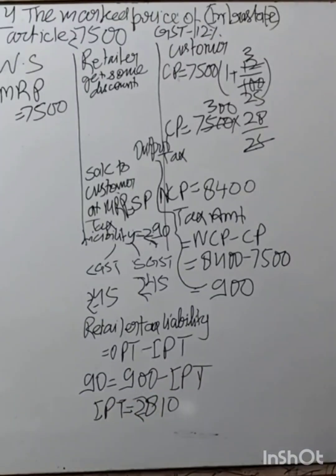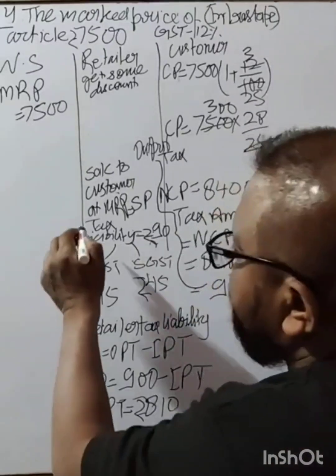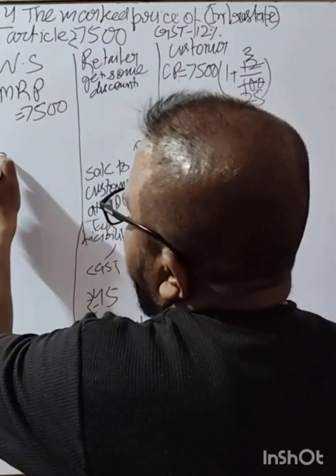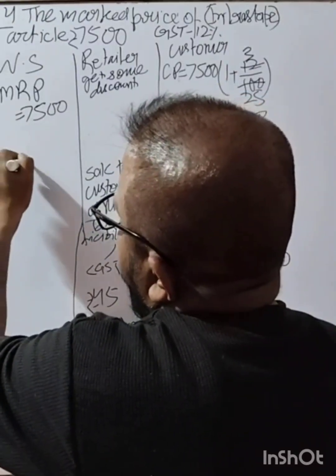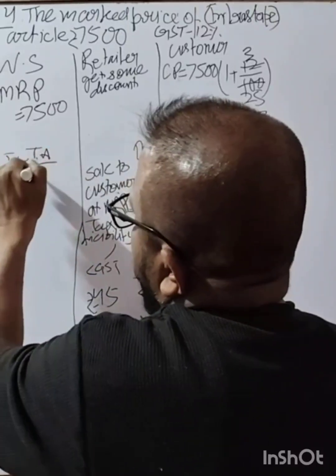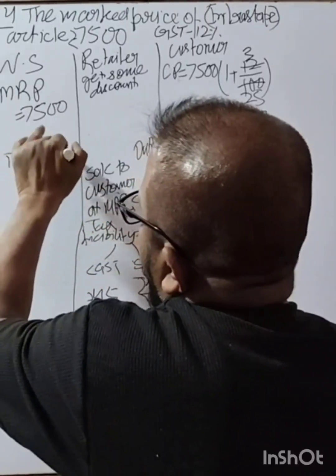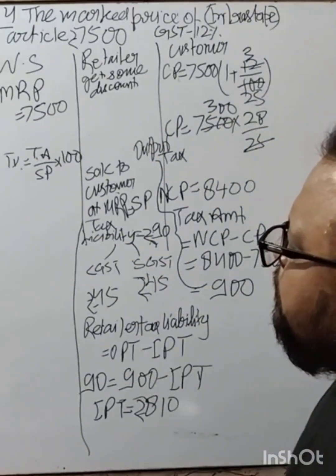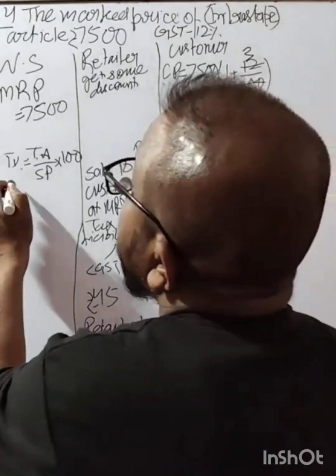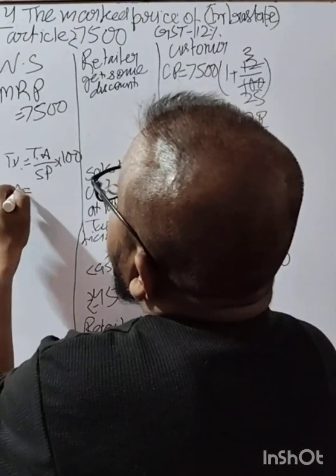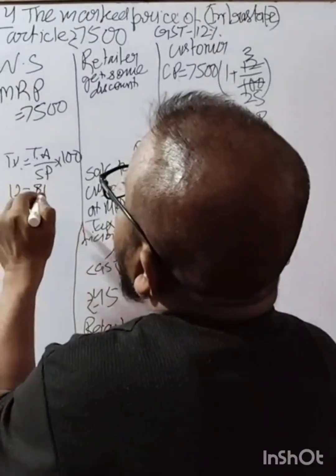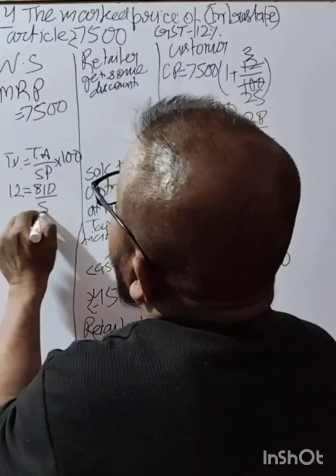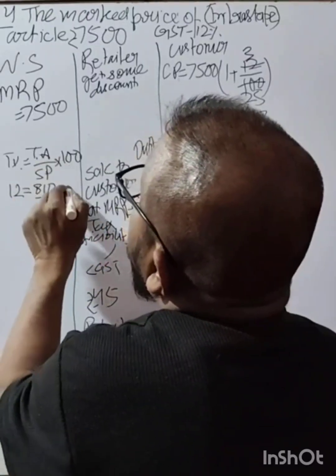So on what amount does he get this much tax? Tax percent is equal to tax amount upon SP into 100%. Tax is 12%, tax amount is 810, so 810 upon SP into 100%.